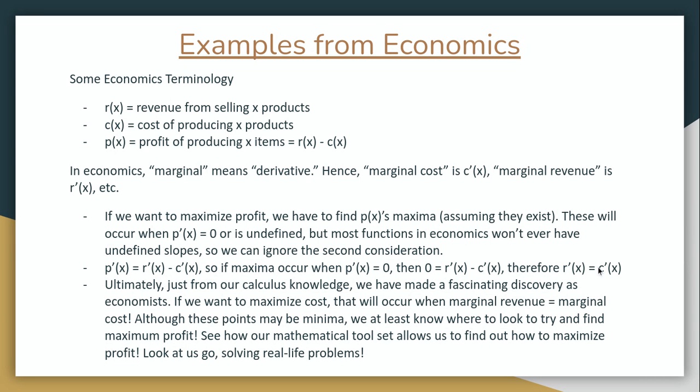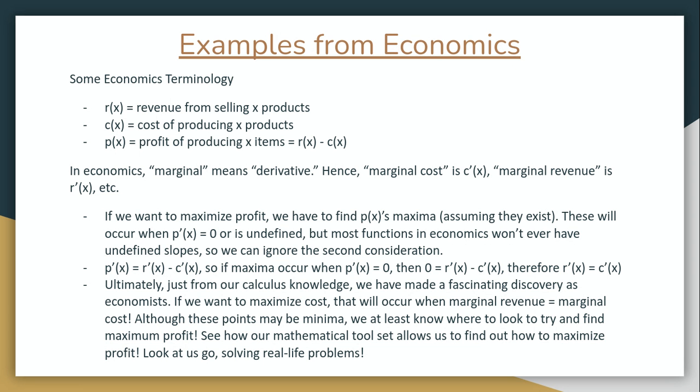We just proved that. Is there anything that I said maximize cost here? I meant maximize profit. Any questions on that? That's like a perfect application of it in economics. Although these points may be minima, right? Because when the derivative is 0, it could be a minimum point. We at least know where to look to try and find maximum profit.